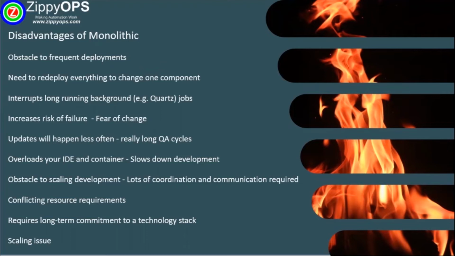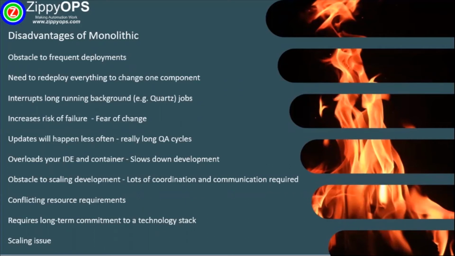And it interrupts long running background jobs. Like imagine when I'm doing deployment on this application, okay, this is going to impact my reporting jobs. Okay, when I'm doing the deployment, the reporting jobs or day-to-day OLTP to OLAP conversion jobs cannot run at that time.